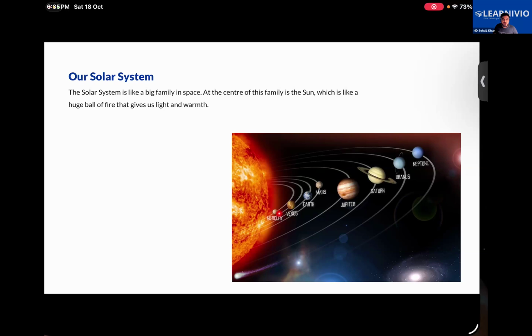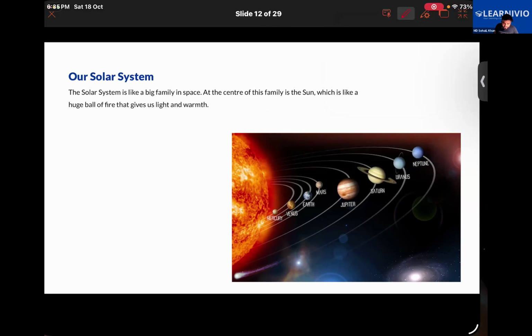There are different celestial objects. Now, the question is, what are these celestial objects? Let me write a definition for it.